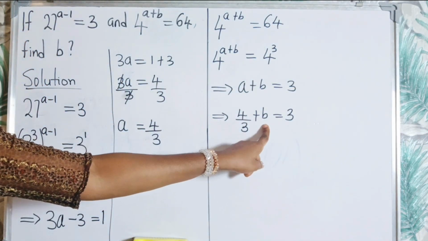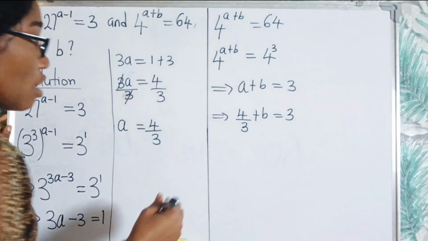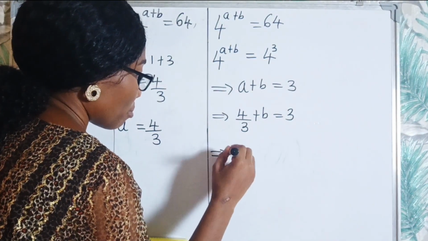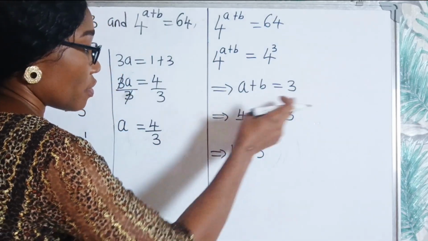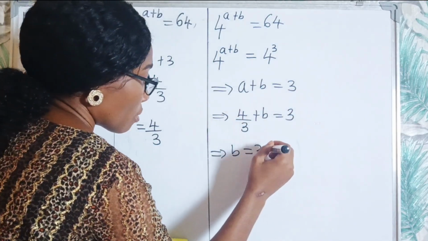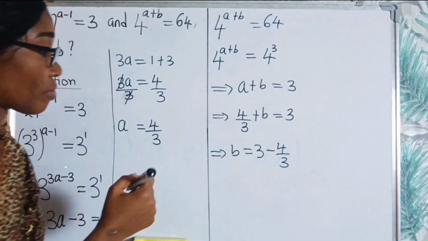Now, I need the value of b, so I have to move this fraction over to this side. So b is now equal to 3 minus 4 over 3. Here is plus, so if it crosses over, it becomes minus.